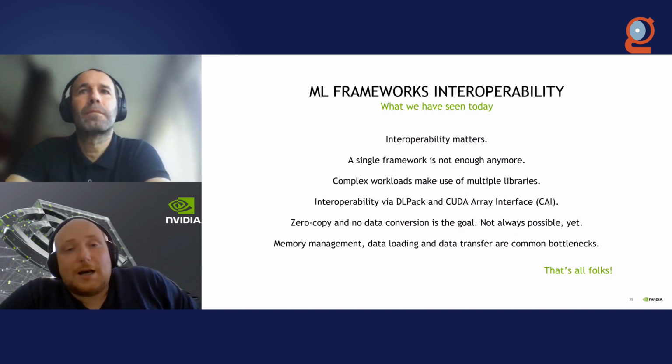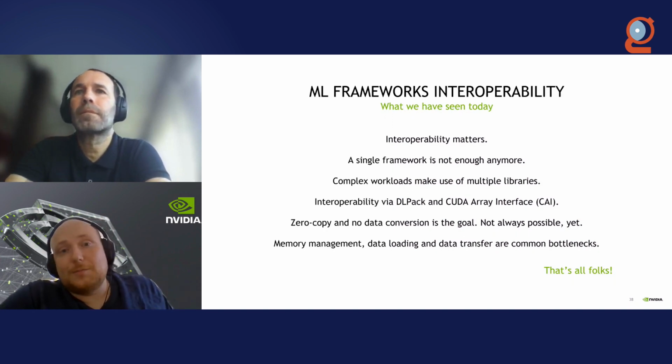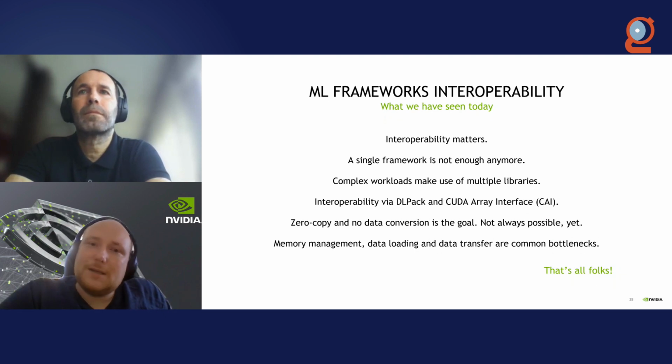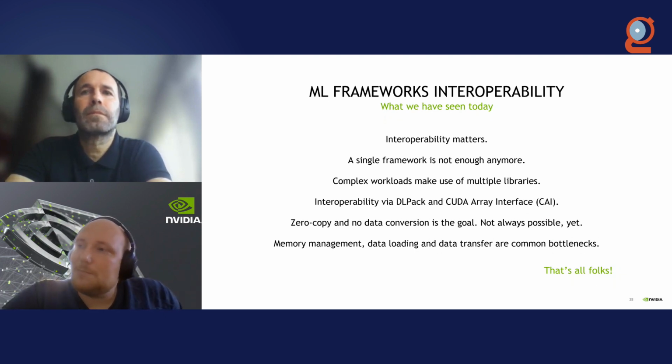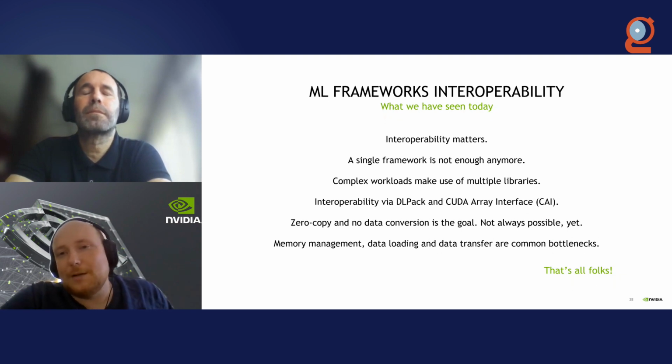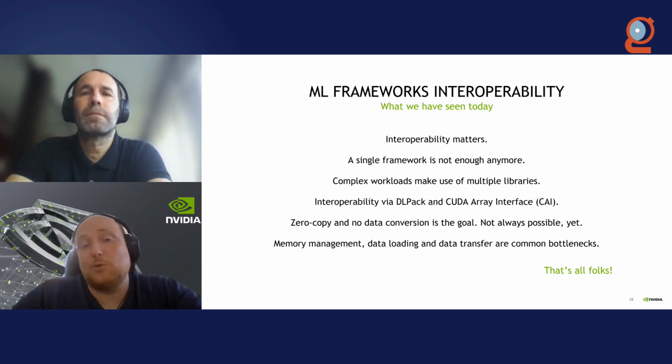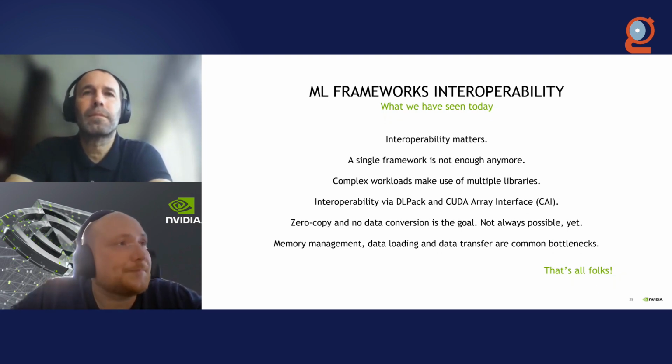Complex workloads are often composed of many libraries. Maybe here we overdid it a little bit with 5 libraries, but I believe 2 to 3, or maybe even 4 libraries in an end-to-end pipeline could be very common, especially if you want to visualize the data efficiently, which we haven't talked about in detail.